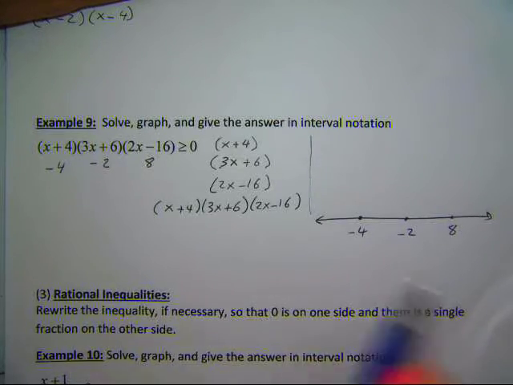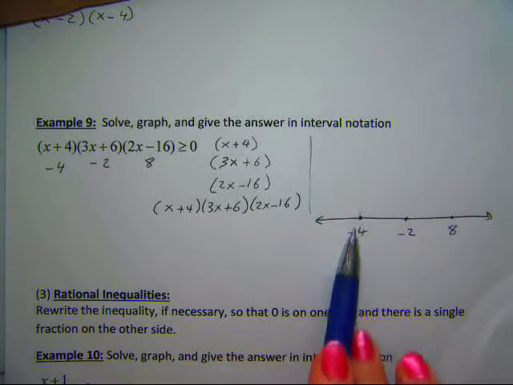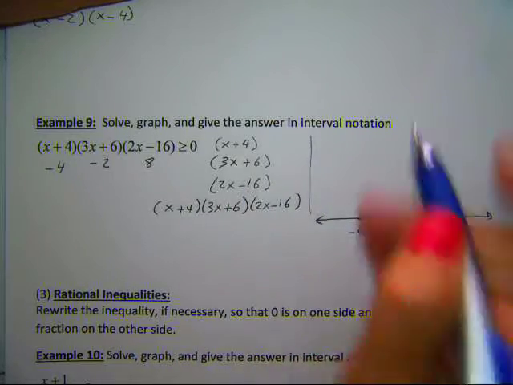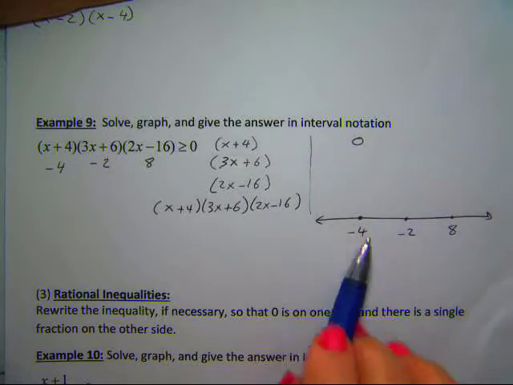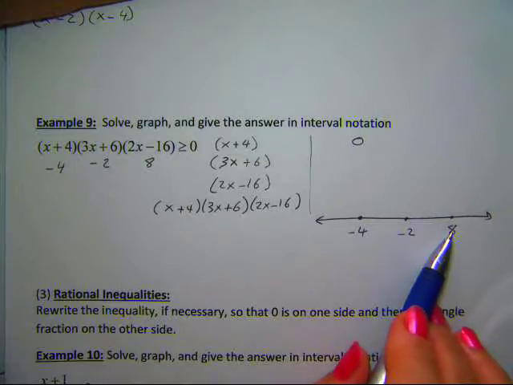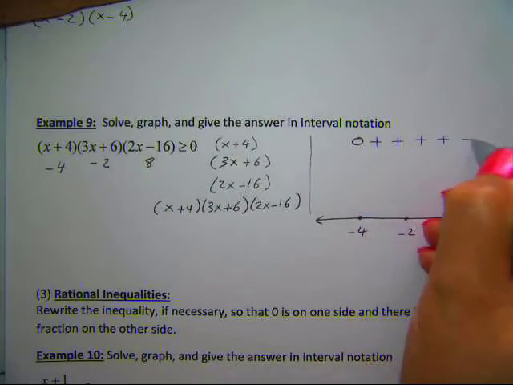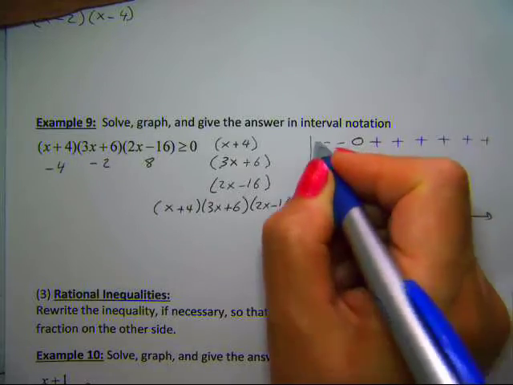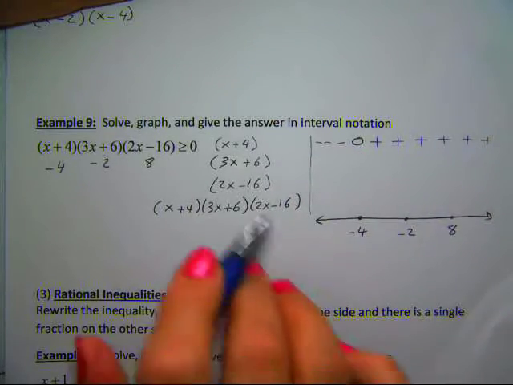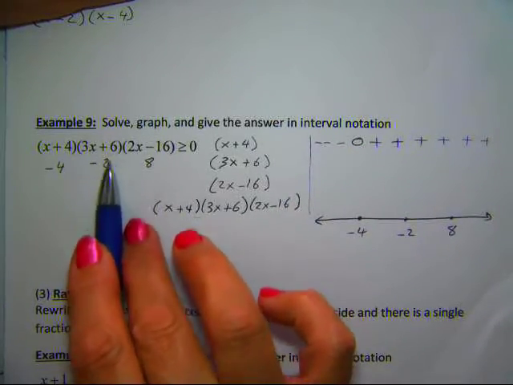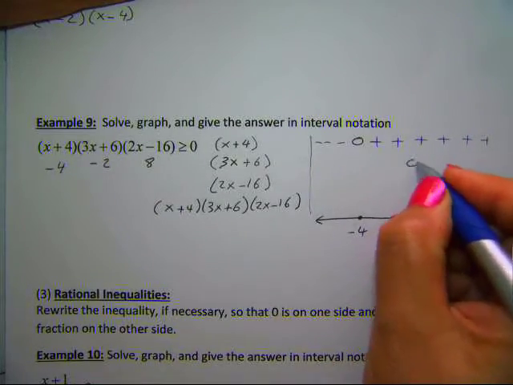We'll do the same thing. First factor is 0 when x is negative 4. Let's take any value above negative 4. How about 8? 8 plus 4 is positive. Negative to the left. This factor is equal to 0 when x is negative 2.